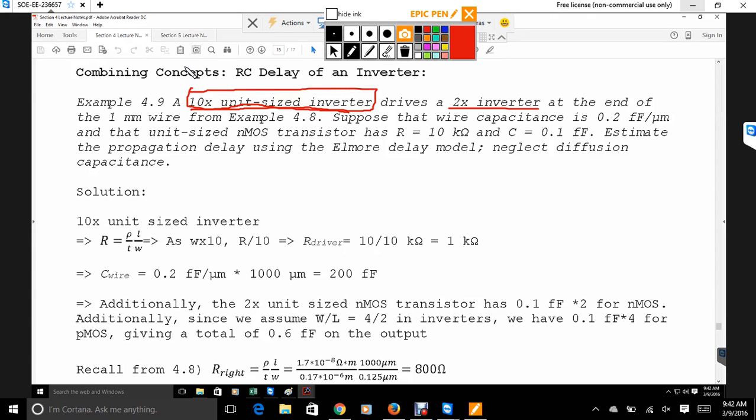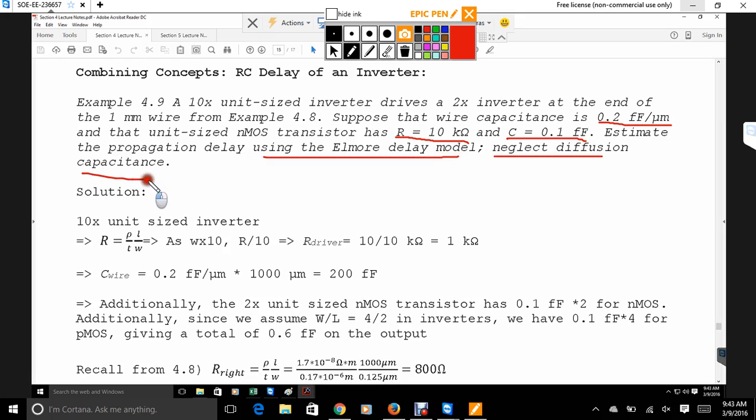We've determined that we have a 10x unit inverter driving a 2x unit inverter at the end of this 1 millimeter wire from example 4.8. Let's suppose that the wire capacitance is 2 femtofarads per micrometer, and that unit size NMOS transistors have a resistance of 10 kilo ohms and a capacitance of 0.1 femtofarads. We're going to estimate the propagation delay using the Elmore delay model, and neglect diffusion capacitance for the time being.